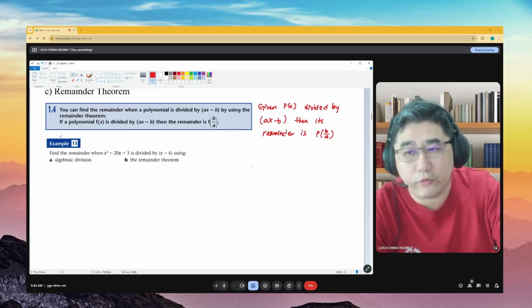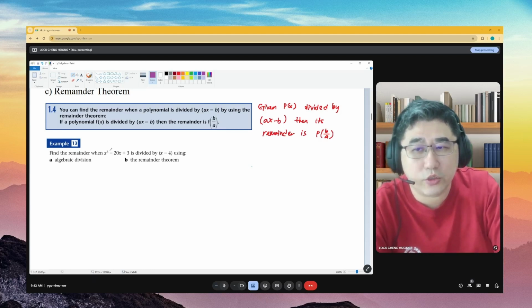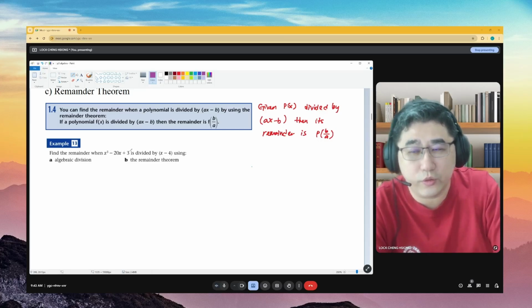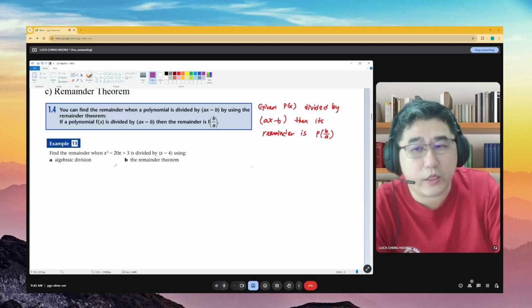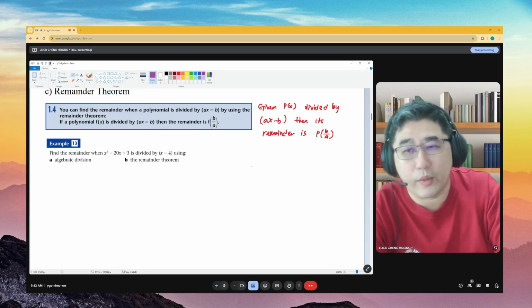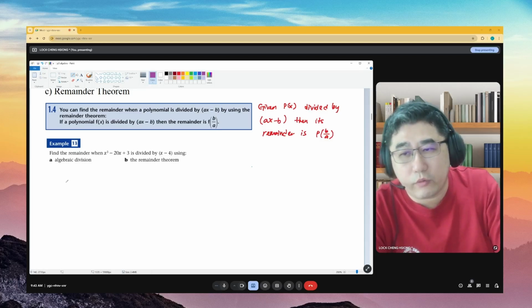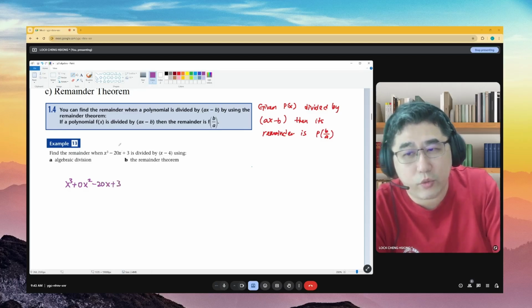So we're trying to verify with the rule. As you can see from this example, I have x cubed minus 20x plus 3 divided by x minus 4. I can do it by long division, by synthetic division, or by the remainder theorem. So I have x cubed plus 0x squared minus 20x plus 3. As you can see, I don't have an x squared term, so I put in the 0 there.